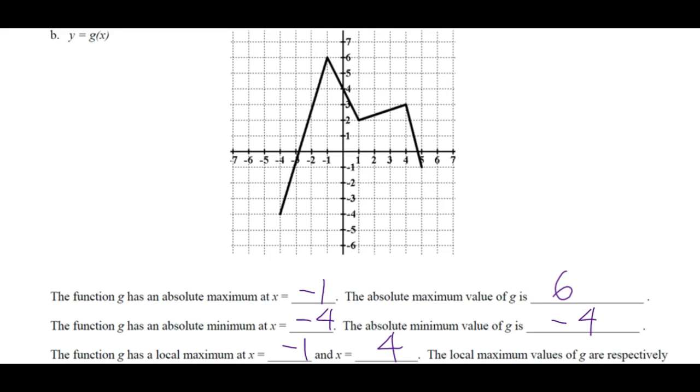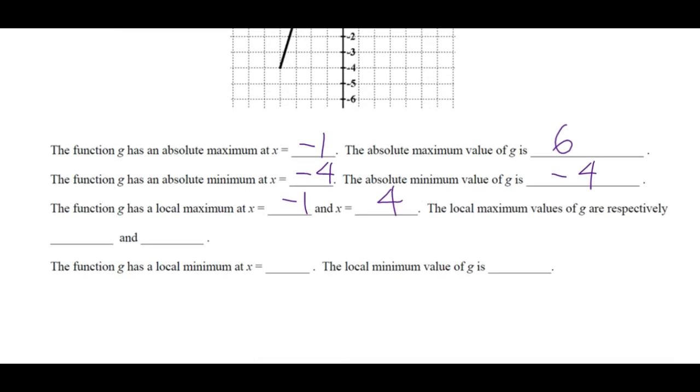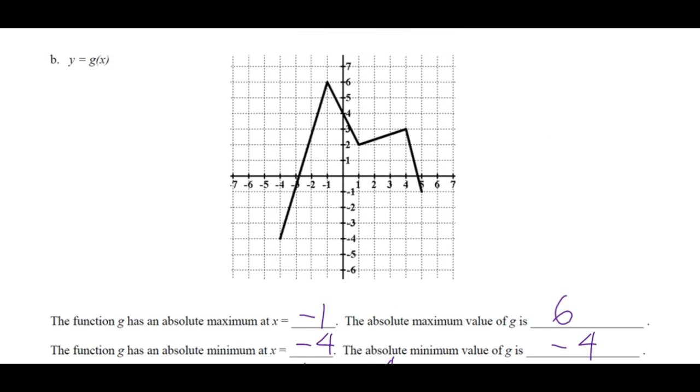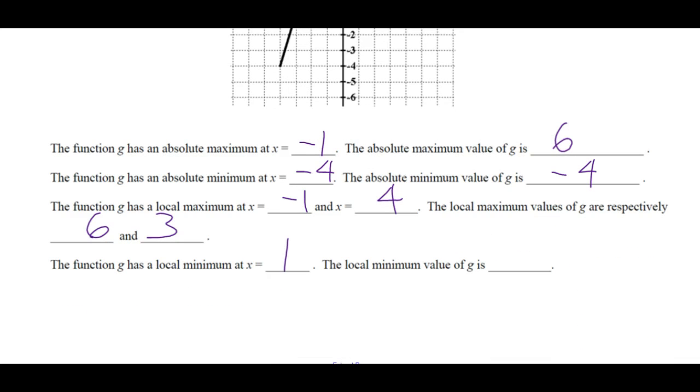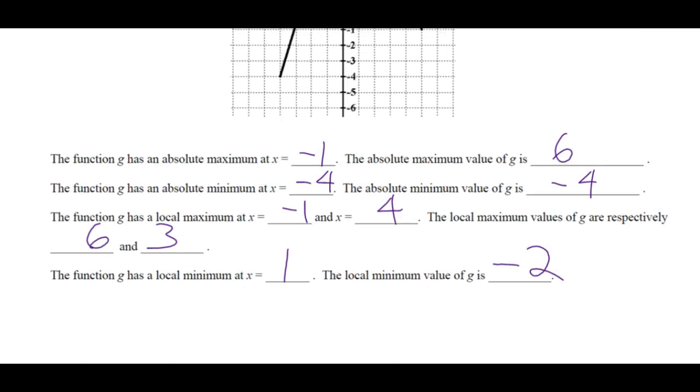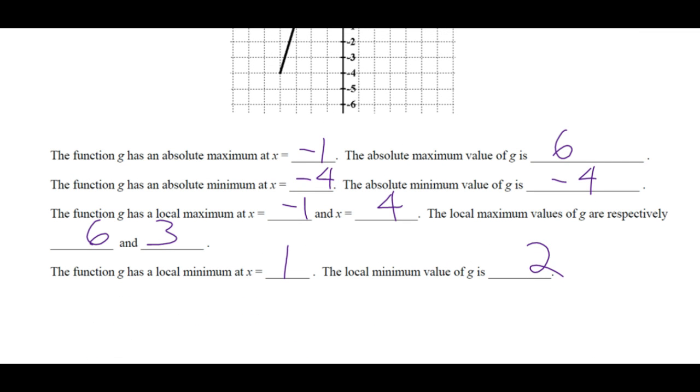Remember, respectively, so we have to go in the same order. Okay, so what were they? 6 and 3? Yeah. Function g has a local minimum at x equals 1, and the local minimum value is, is it -2 or 2? 2.